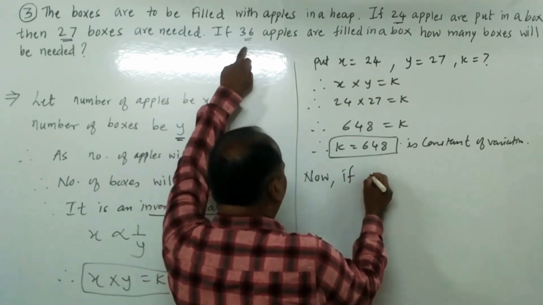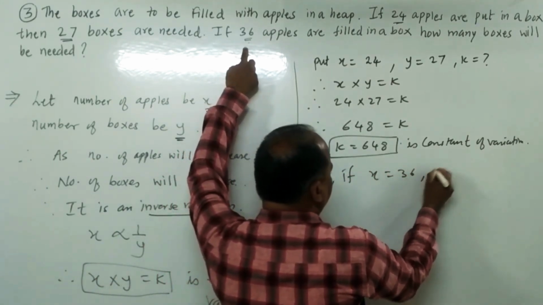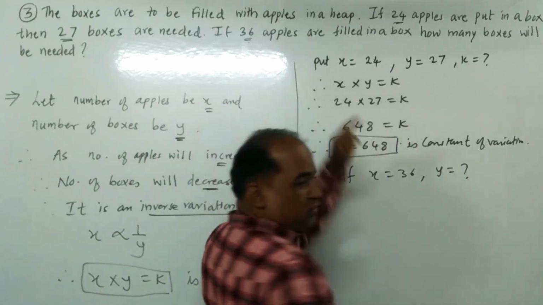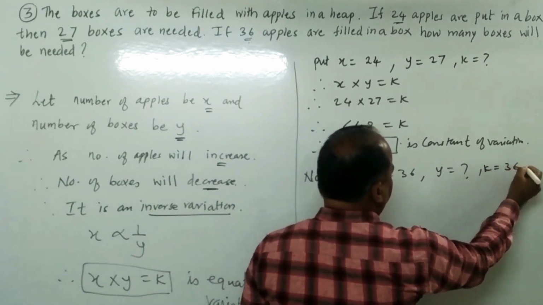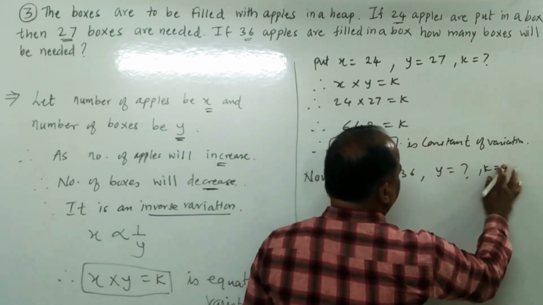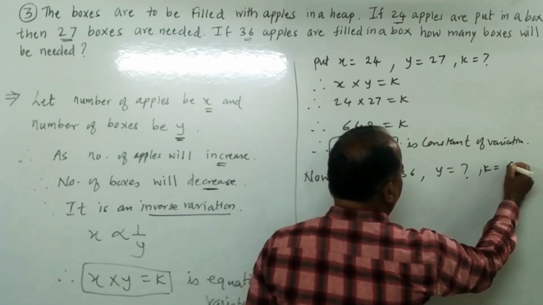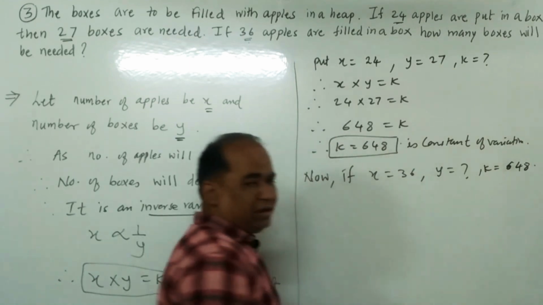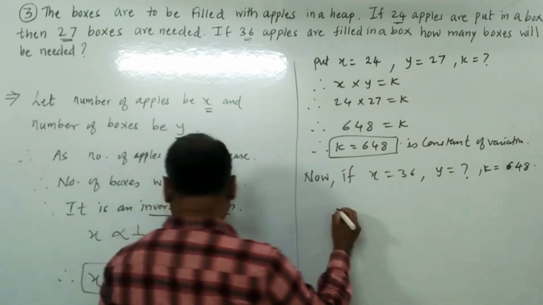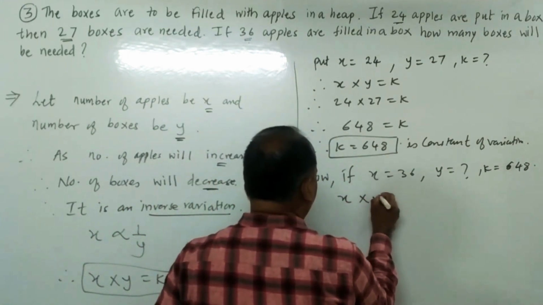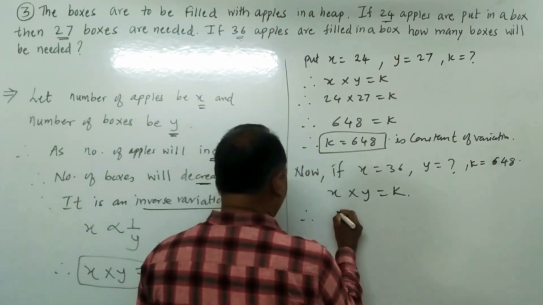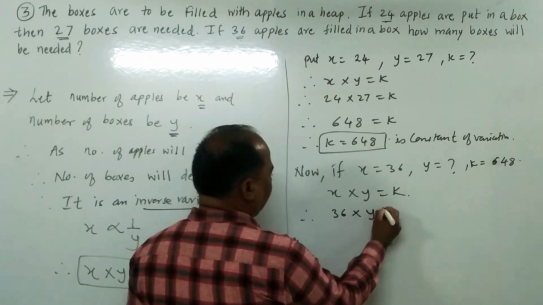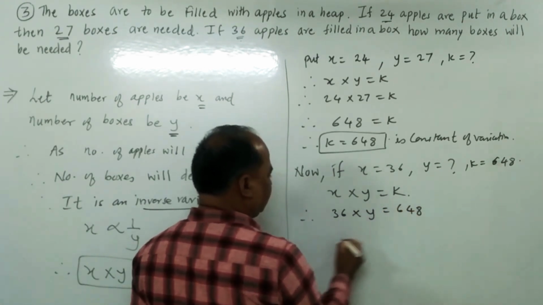Now if the number of apples x is equal to 36, then we have to find y, and k is equal to 648. So our equation of variation is x into y is equal to k. Therefore 36 into y is equal to 648.